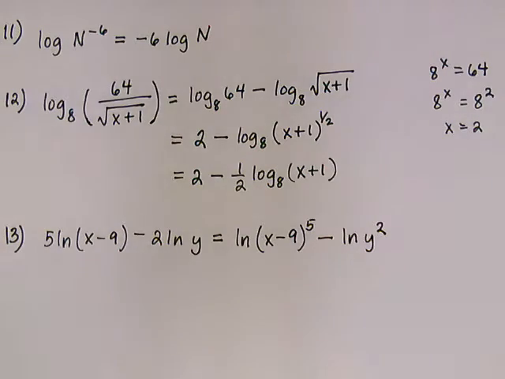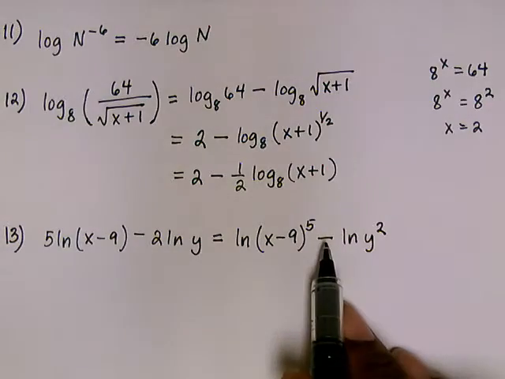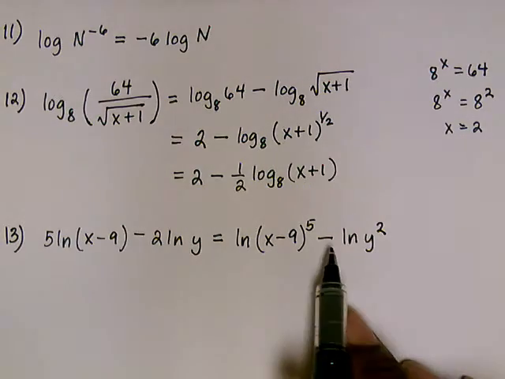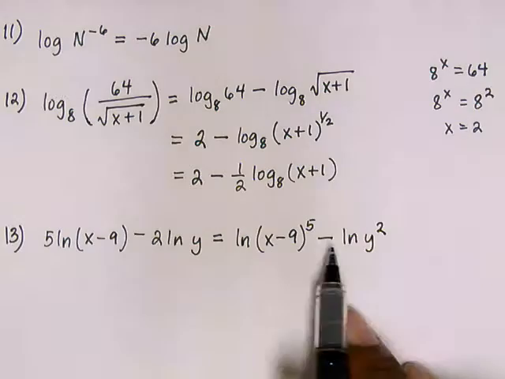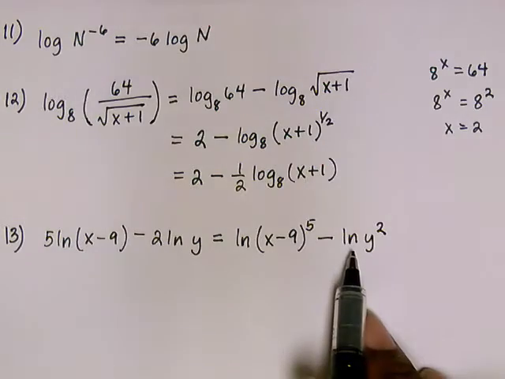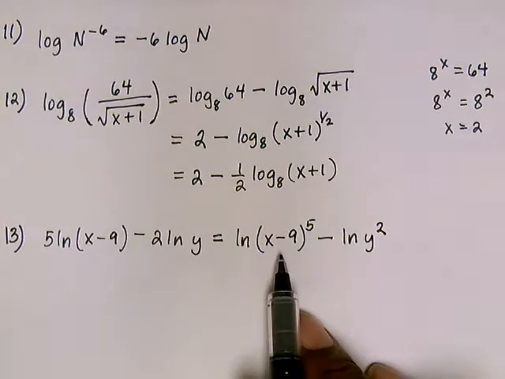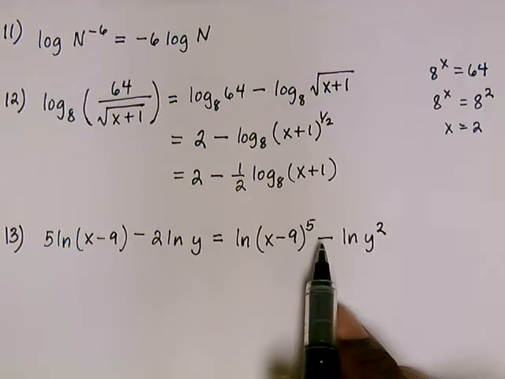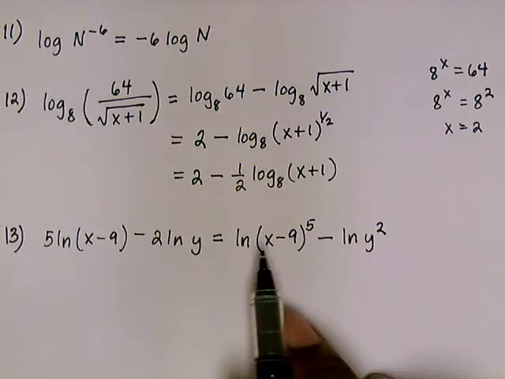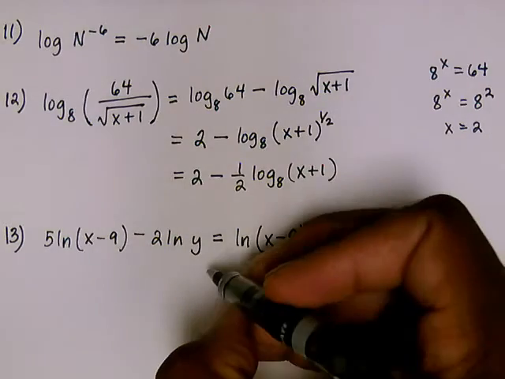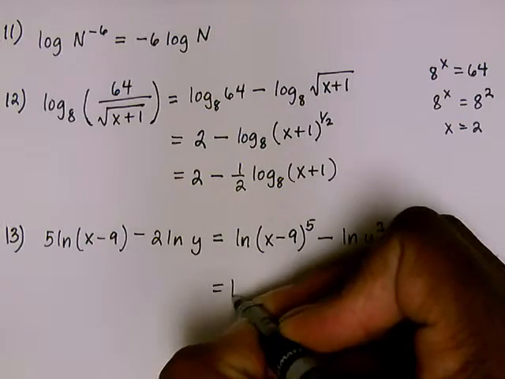Now, I have the minus sign in between these natural logarithms, so I'm going to be taking the difference of their natural logarithms. I can condense that using the quotient rule. Minus sign means the difference of the natural logarithms. We can condense that as the natural log of the entire quotient. So I'm applying the quotient rule here.